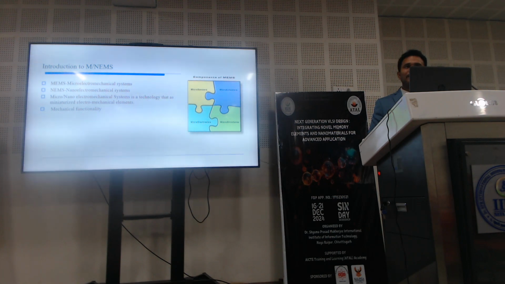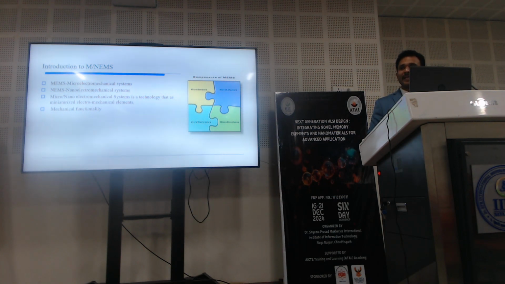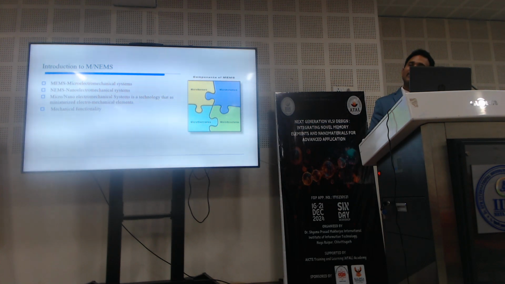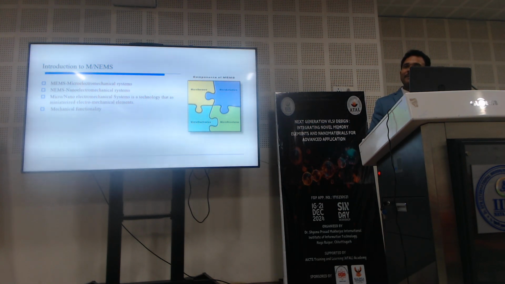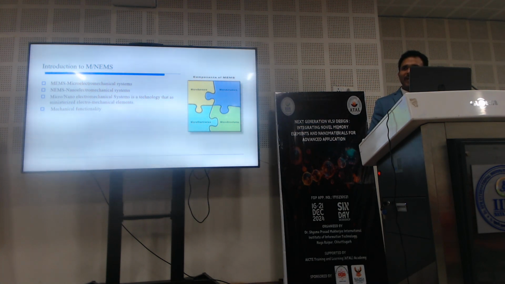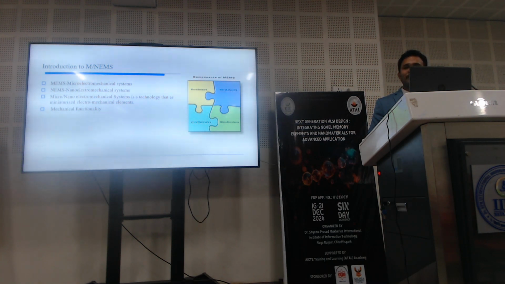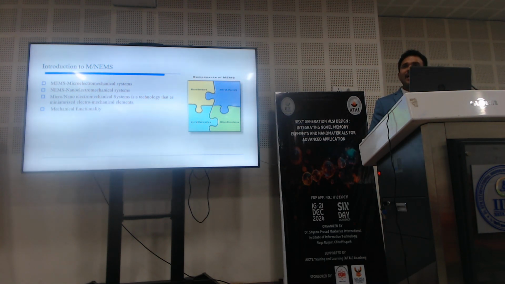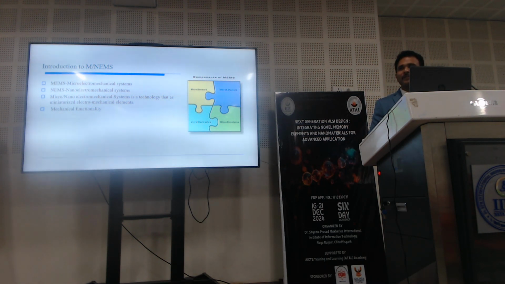Till now we are with MEMS only, but now a new era is going to start, which we call the nano electromechanical system. MEMS is a broader thing where we can make different kinds of devices. Whenever any automation is happening, it will be with MEMS.